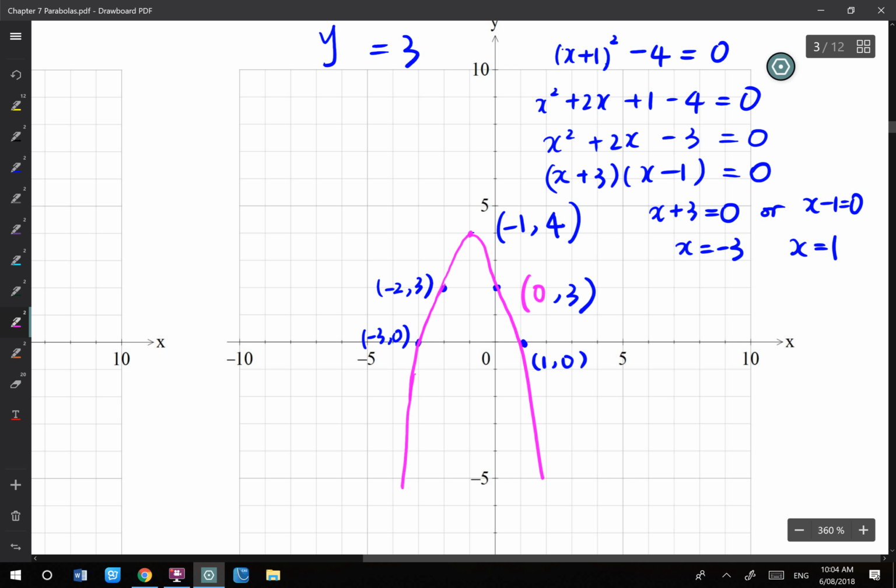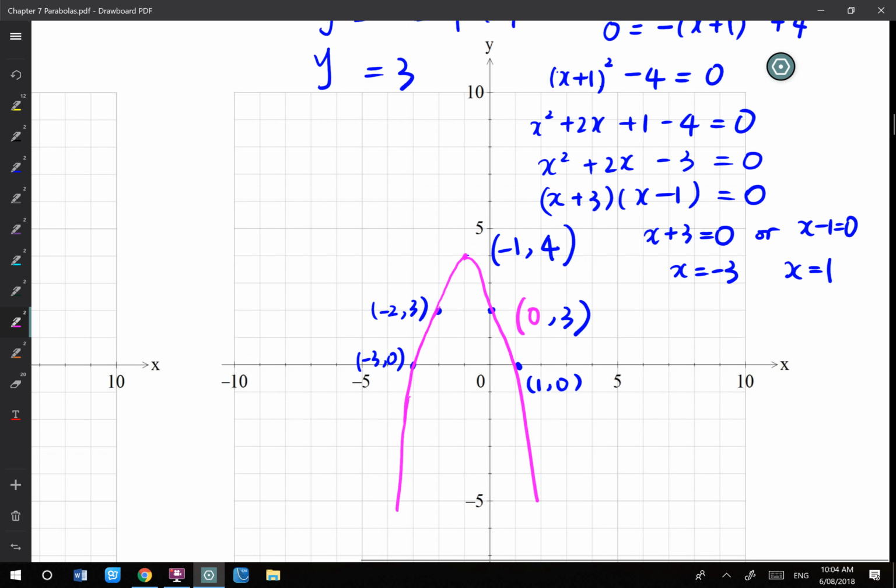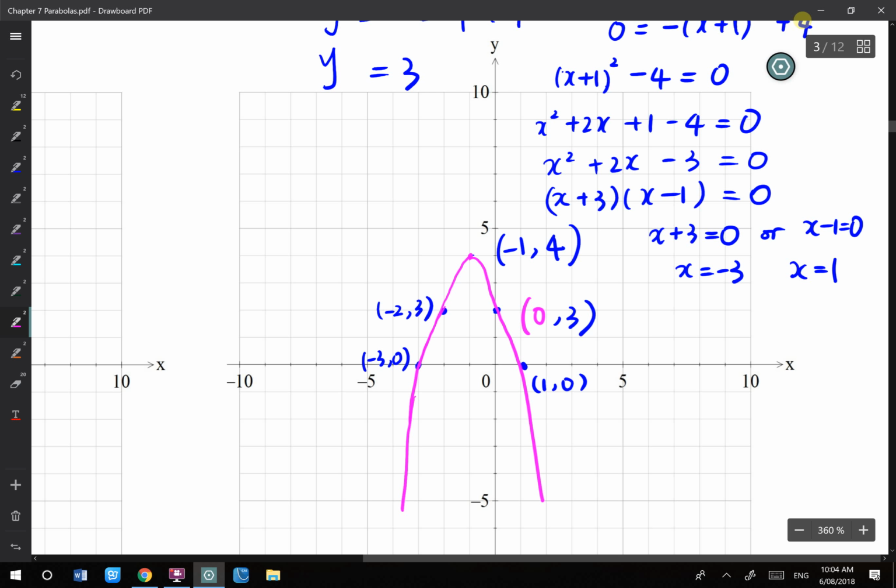Okay, we have that. You can label all the points, that's fine. 1, 0; -3, 0; 0, 3; -1, 4; -2, 3. That's why I'm not labeling at the correct place. 3 is here, negative 2, 3 is here.